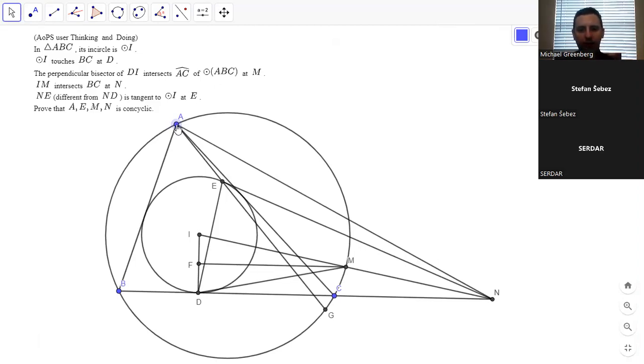Okay, so we want to show angle GEN equals angle EMI. But EMI equals angle DMI.